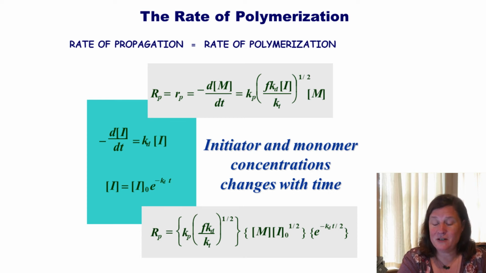Next, we have our monomer concentration and our initial initiator concentration to the 1/2 power. And then we have this exponential that's coming from that initiator, because initiator is consumed and its concentration decreases with time. So if we look at that equation, we can separate the variables and integrate that and get an expression for concentration as a function of time.